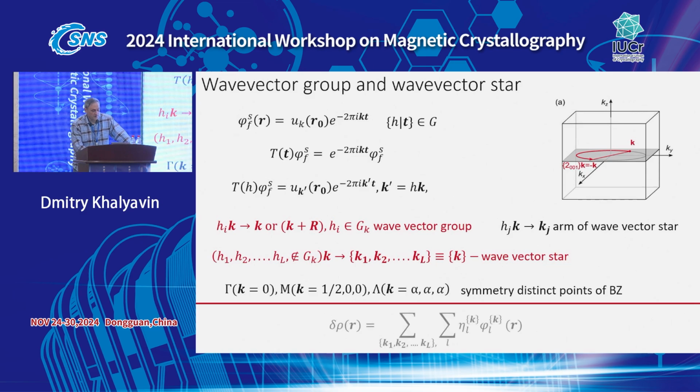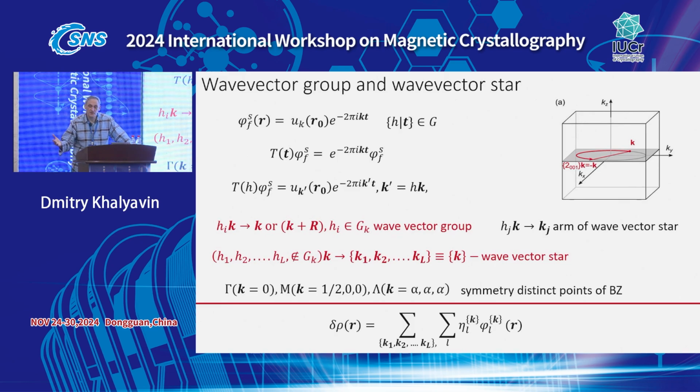connects them. So what does it mean if we go back to our initial decomposition? It implies that in the general case, our distortions are decomposed into Fourier components which are associated with different arms of the star.